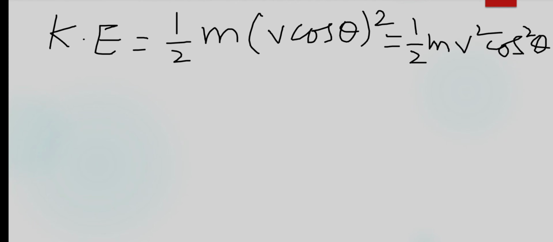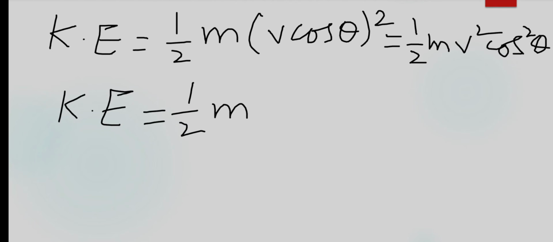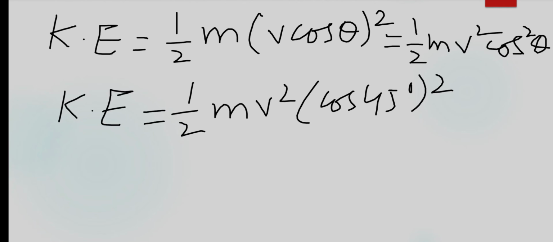So by putting the angle, kinetic energy at the highest point is 1/2 m v square cos square theta, means cos 45 degree whole square. The value of cos 45 degree is 1 upon root 2.